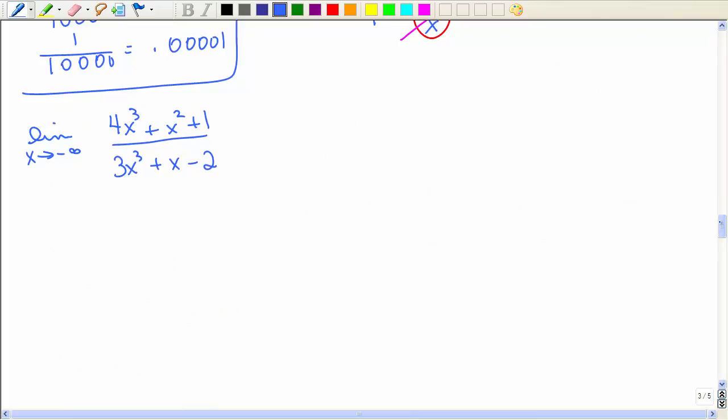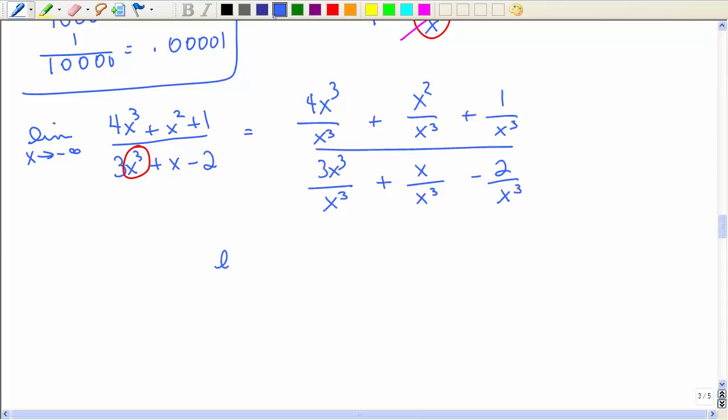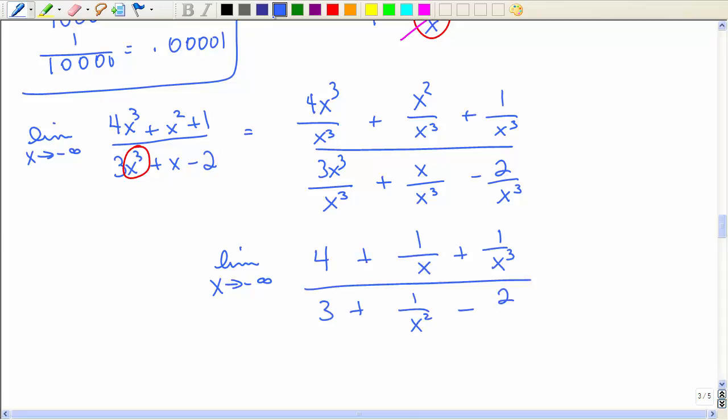Okay. Right, now we have the limit as x approaches negative infinity. Again, we can't plug in numbers, so we look at the highest value of x in the denominator, and we're going to divide everything by that. Okay, we're going to reduce all those fractions. And now we're going to take the limit.